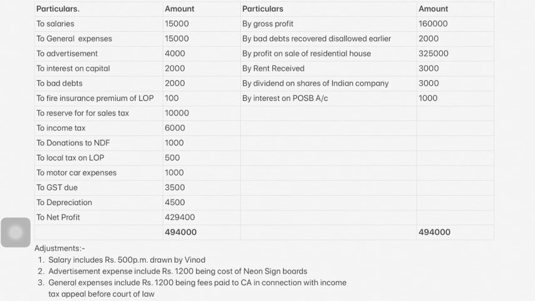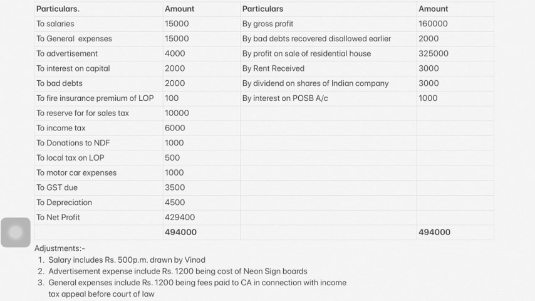Okay. To salaries 15,000. Okay. To general expense 15,000. Okay. To advertisement 4,000. Okay. To interest on capital 2,000. Okay. So interest on capital is not supposed to be in your P&L account. Right? So what you will do? You will add interest on capital because it is an expense.